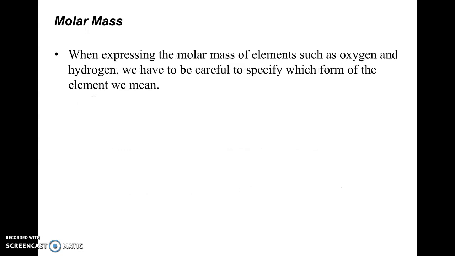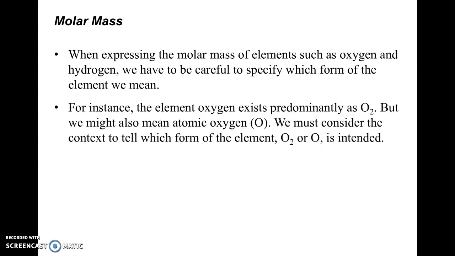All right, so we have to be very careful when we're talking about the molar mass of naturally occurring elements such as oxygen or hydrogen, to specify the form of the element that we need. Because oxygen in our world predominantly exists as O2, but you might be talking about atomic oxygen.